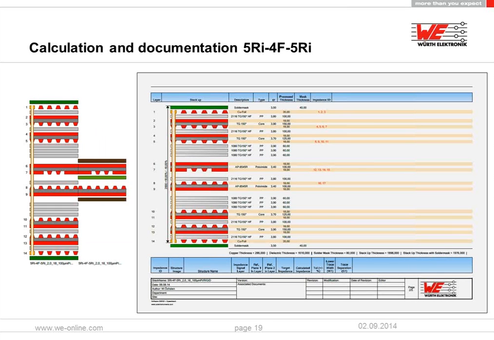This could be documented like you can see here. So there are all the materials in this documentation, all the thicknesses, all the dielectric values, and also the impedance models which are used in the stack-up.